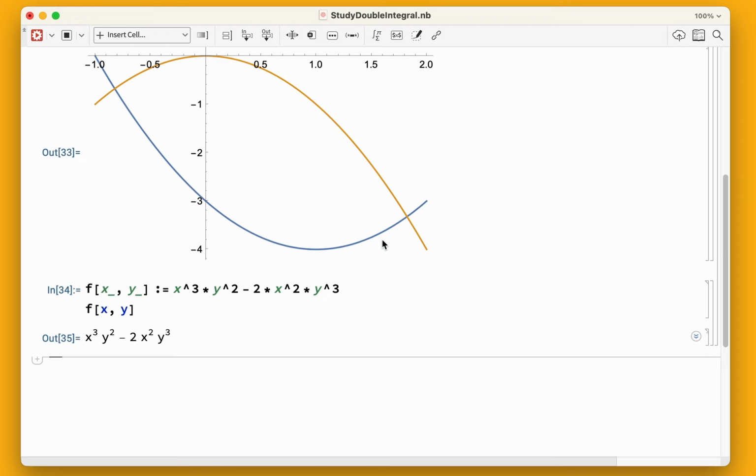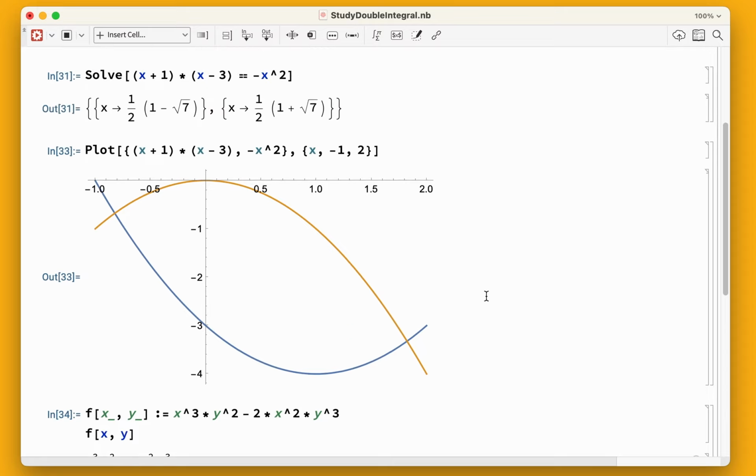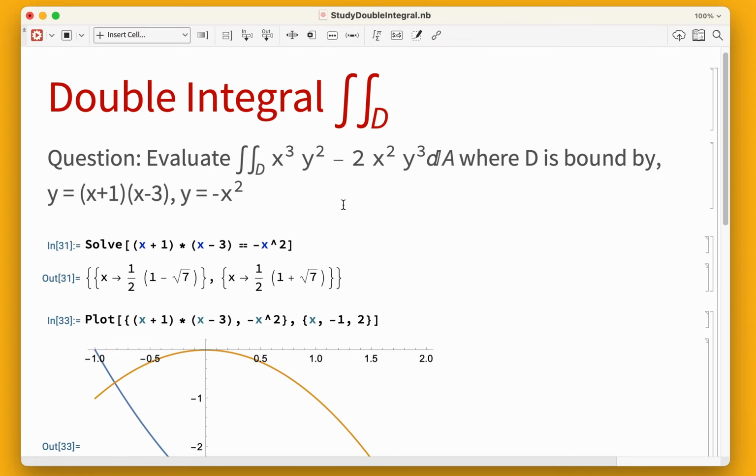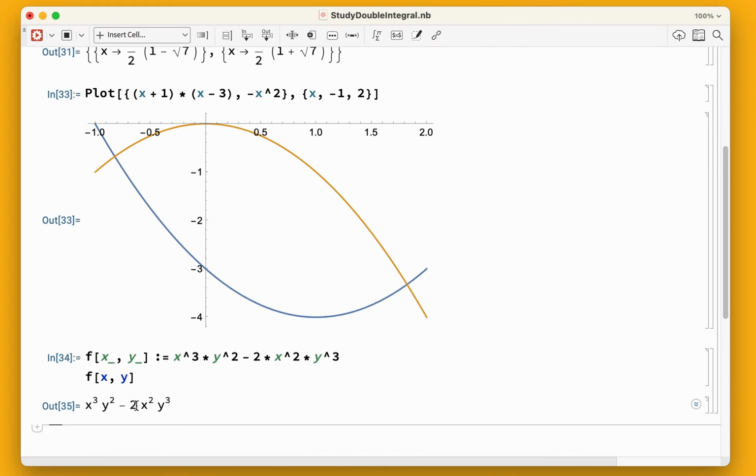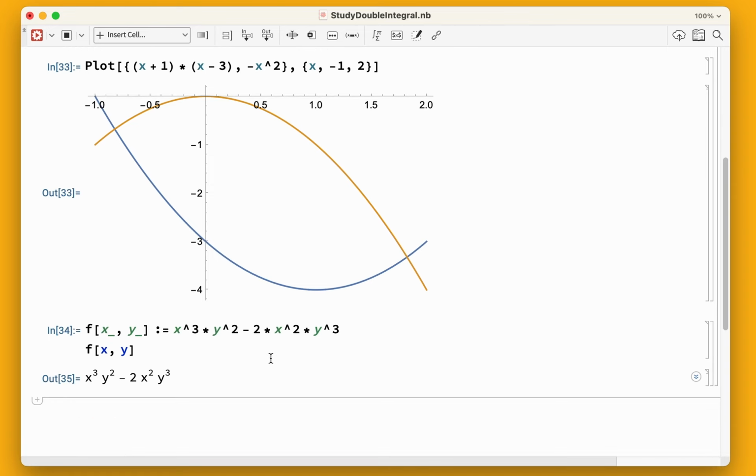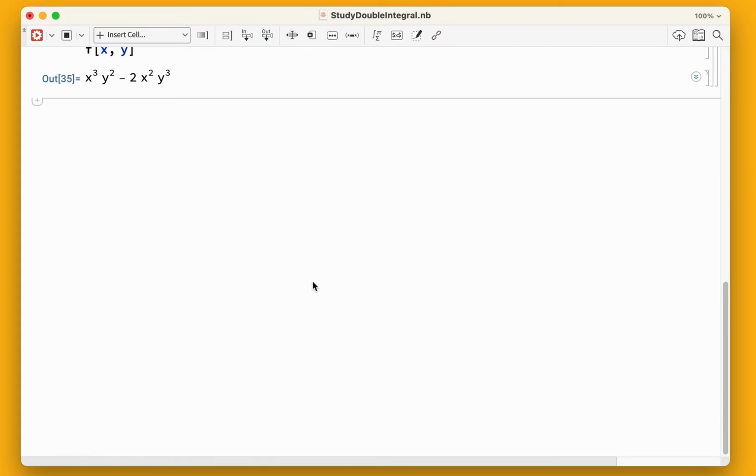Now something to think about. This function depends on both of these variables x and y, and it gives another output. So if we think of the function as another variable, then including this function we have in total three variables.